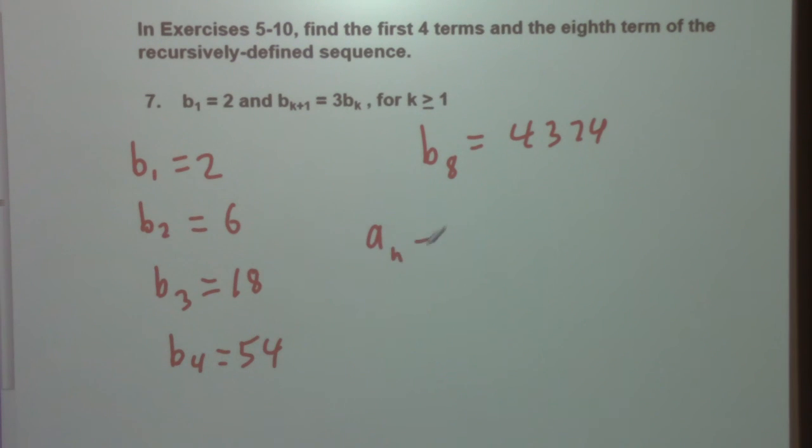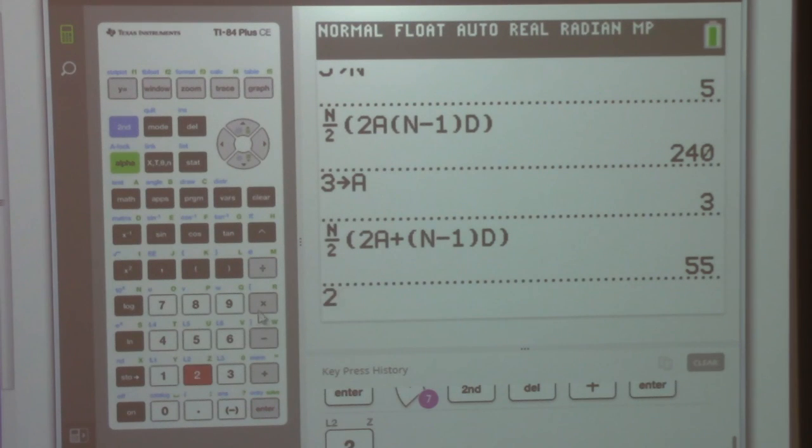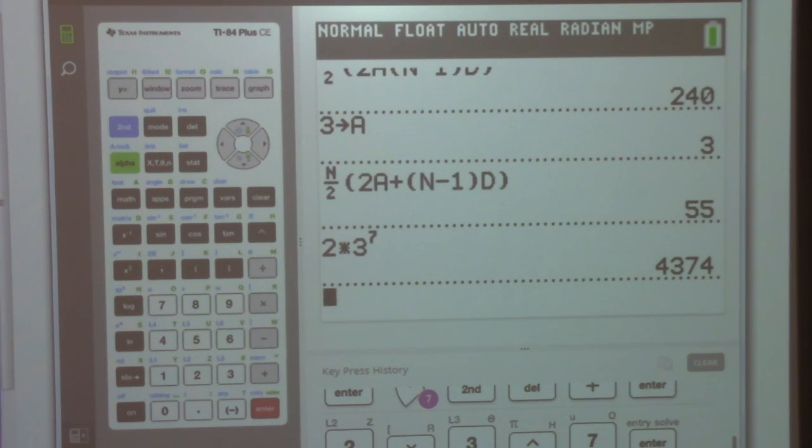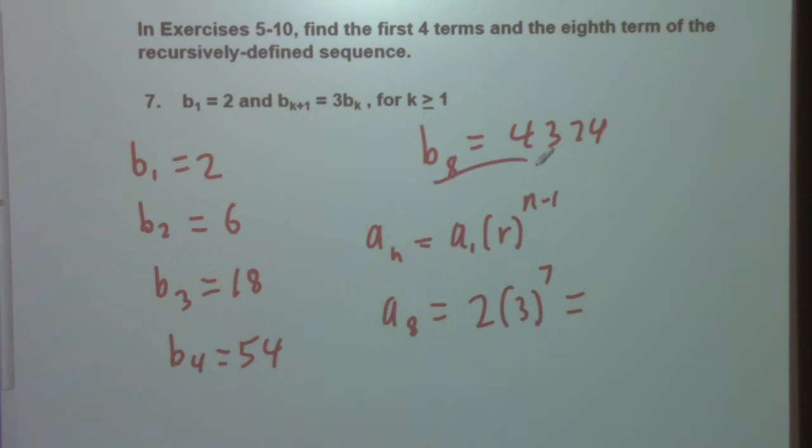So a sub 8 is equal to a sub 1, which is 2, times r, and r is 3, to the power of n minus 1, and that's 8 minus 1, or 7. So we get 2 times 3 to the power of 7, exactly what Elizabeth said. Okay? So this is going to be our correct answer.